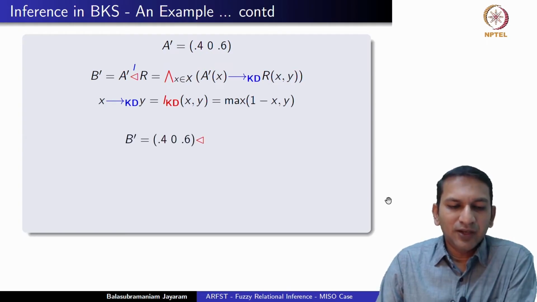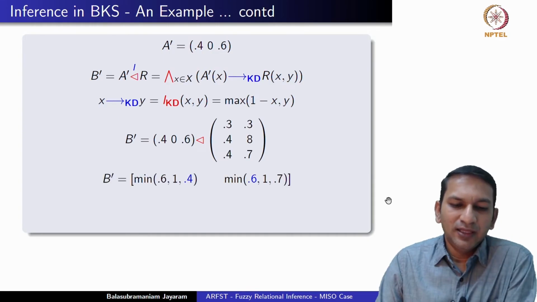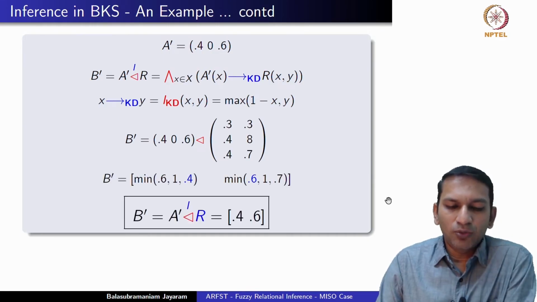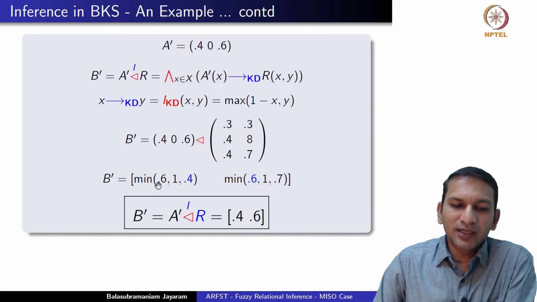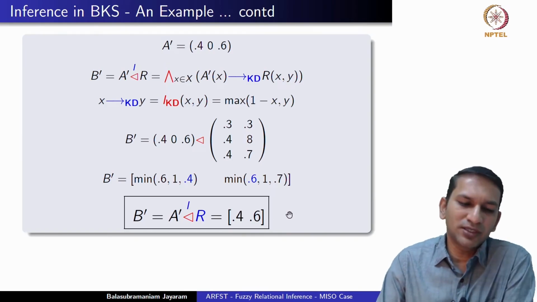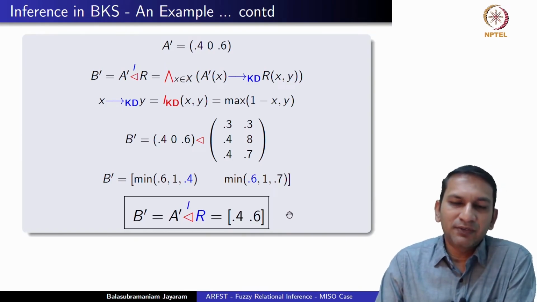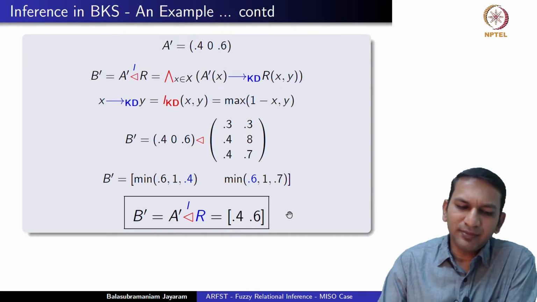And we have seen that when we give this input A dash to this relation, this is the output that we obtain. So when you take this row into this column using the Kleene-Dienes implication, these are the values you get, and then it's actually infimum over this. So the minimum of them will be 0.4, the minimum here is 0.6, and that's how you get 0.4, 0.6. This is an example that we have discussed in the last lecture.